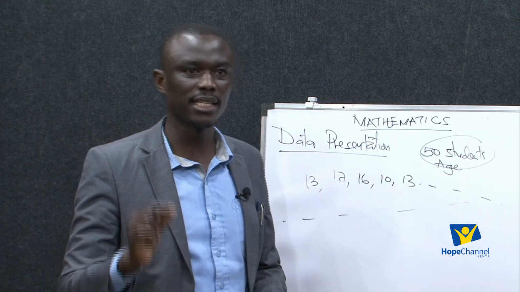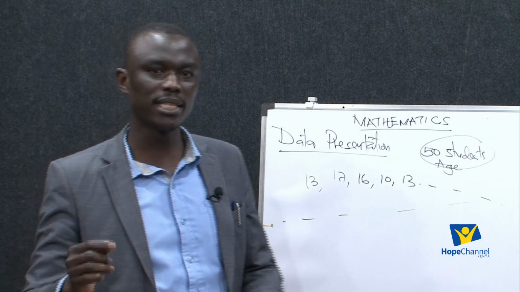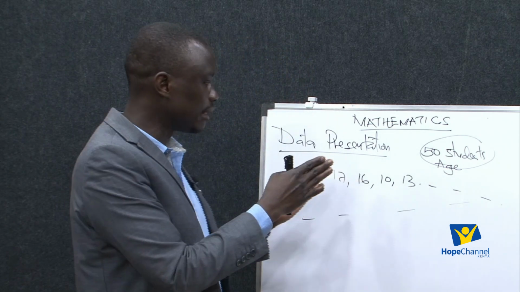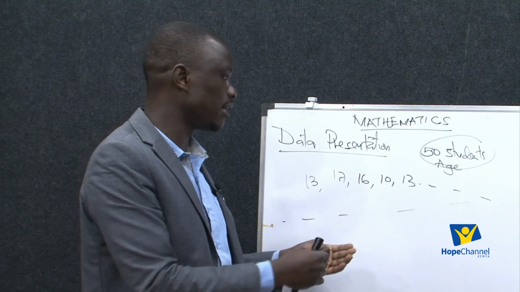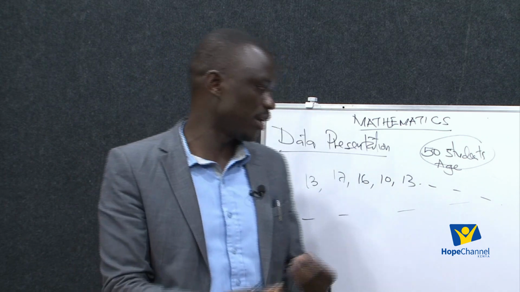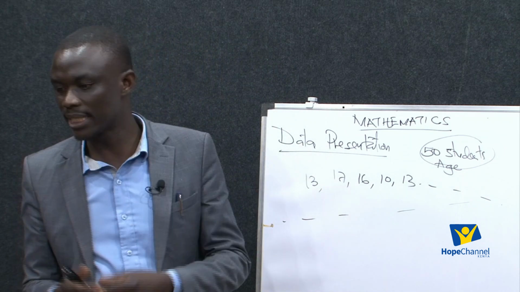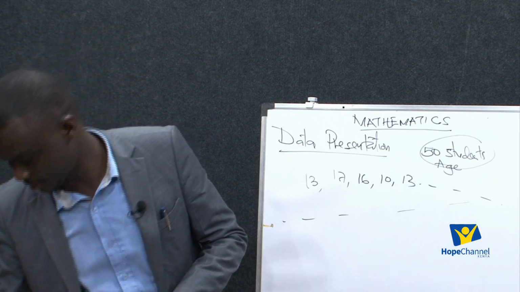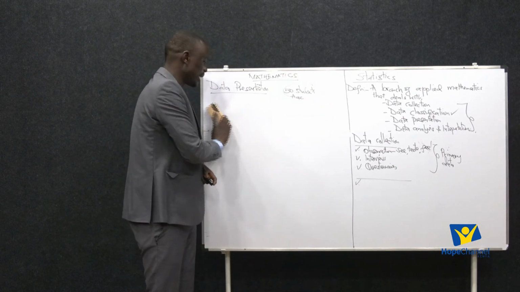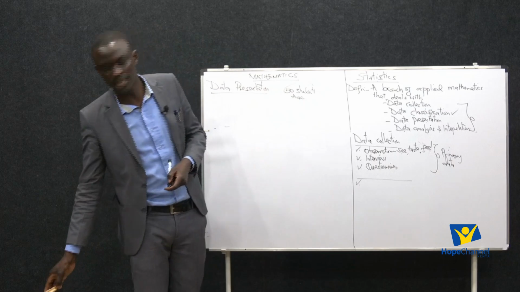Presenting data is a way of summarizing a long data into a very manageable size of data, where somebody can get some information out of it. So how do we present data?